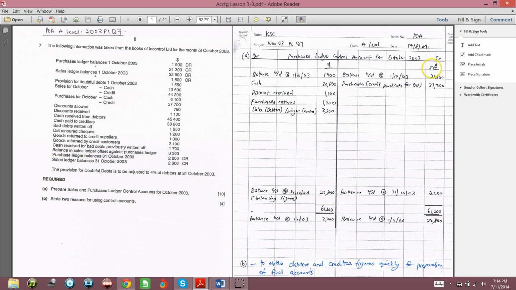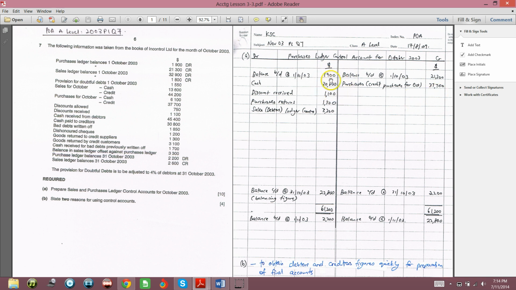Here we total up this side first, then we put the same figure. This one minus all this will be 22,800. This is the balance carried down at 31 October 2003, so we put it over here. This account means at the beginning of the year we owe all the suppliers so much, then we buy from them so much, and then we paid them so much.